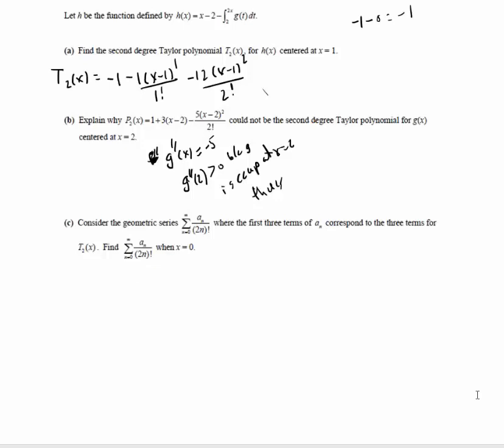All right, so I'm going to start off with a_n is equal to the first three terms, and the first three terms were -1 minus, this time I'm going to simplify it to just (x minus 1), and then up above 12 over 2 factorial, well 2 factorial is 2 and 12 over 2 is 6, so that'll be minus 6(x minus 1) squared. And now I'm going to be dividing that by 2n factorial. And if I write it all like that, then that's dividing them all by 2n factorial, right?